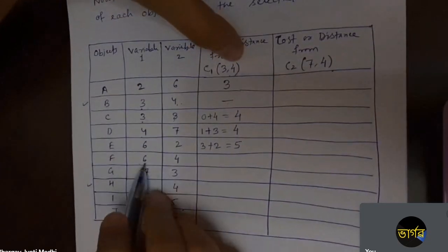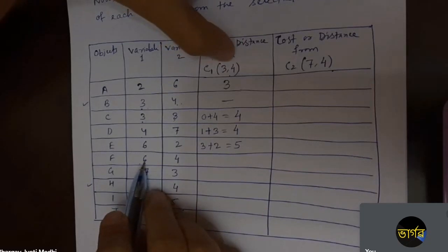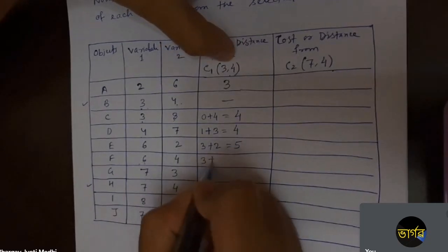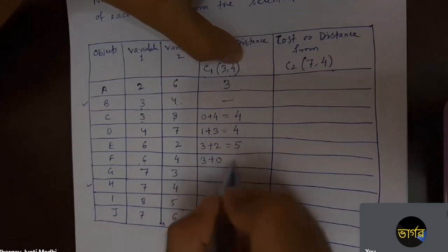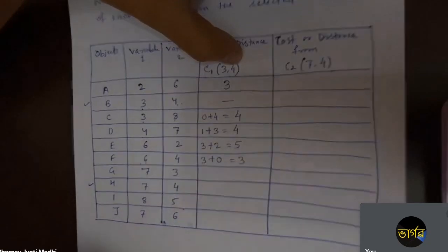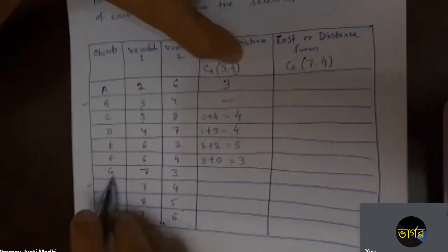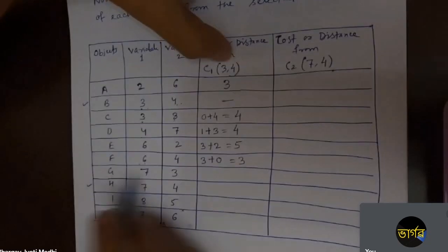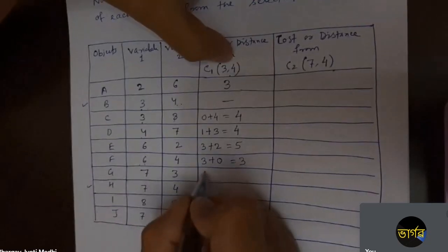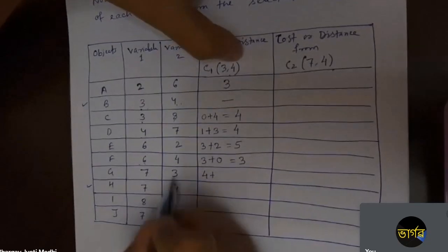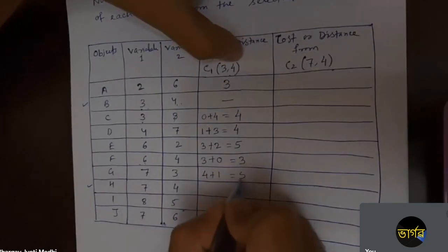Point G কাৰণে চোৱা 7 and 3. So difference is 4 plus 4 and 3, difference is 1. Then point H, 7 and 3, কিমান হ'ব? 4 হ'ব plus 4 and 4, 0.